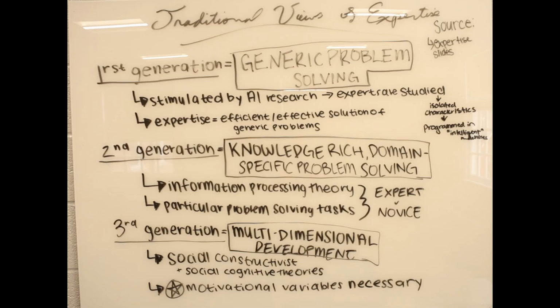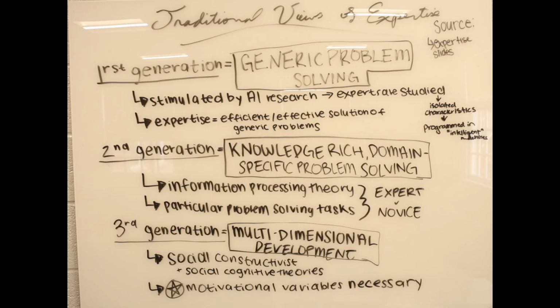We also put that experts are studied. They isolate the characteristics of those expertises, and then it's programmed in intelligent machines. As well as expertise in the first generation essentially is efficient and effective solution of generic problems. For the second generation, it is based on knowledge-rich domain-specific problem solving.